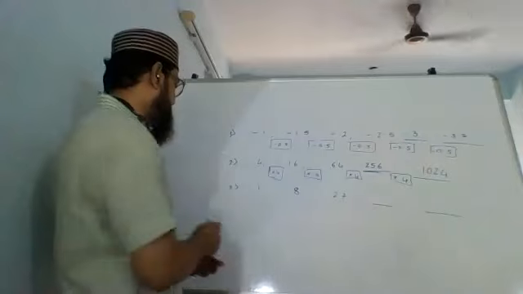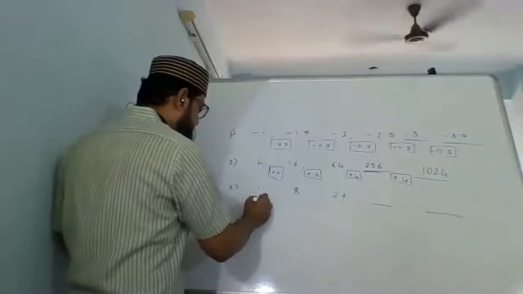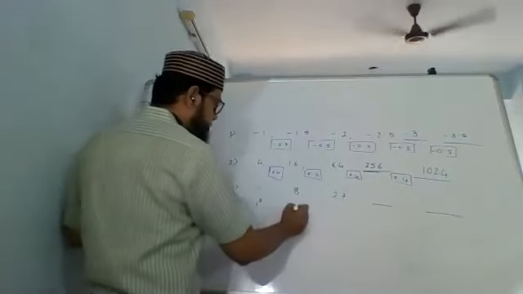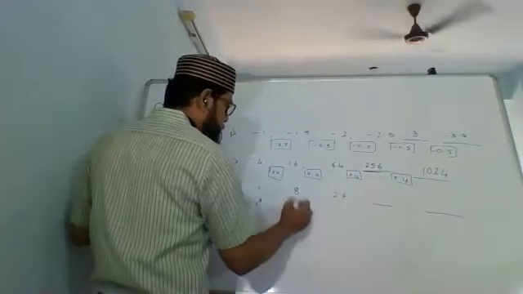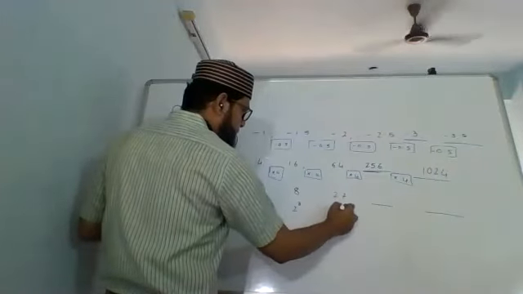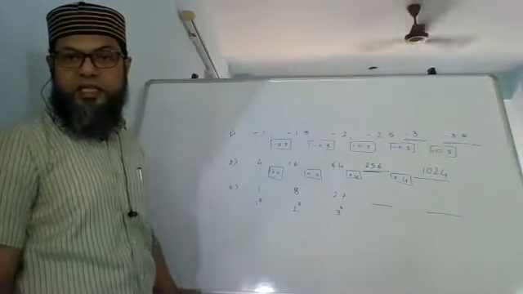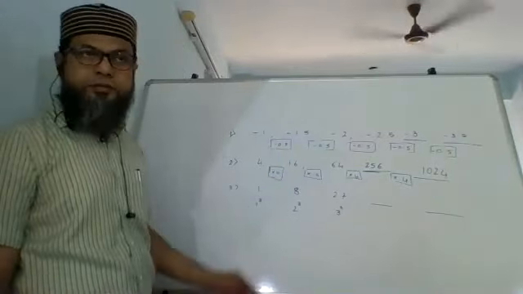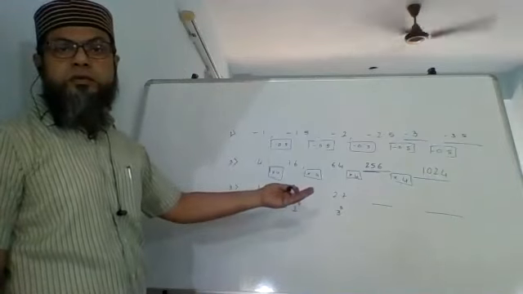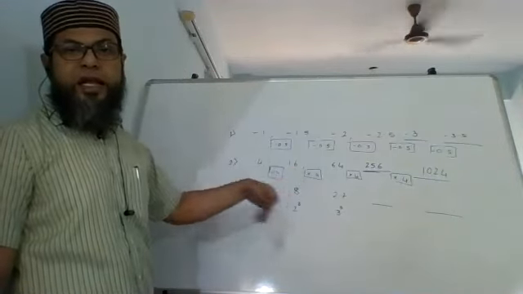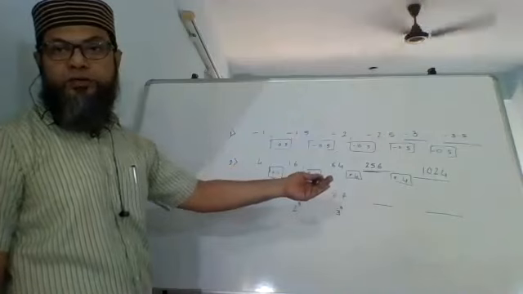If I look at it, I see that this is 1 cube, this is 2 cube, this is 3 cube. So logically, the next number has to be cube of 4, and the next number will be cube of 5.